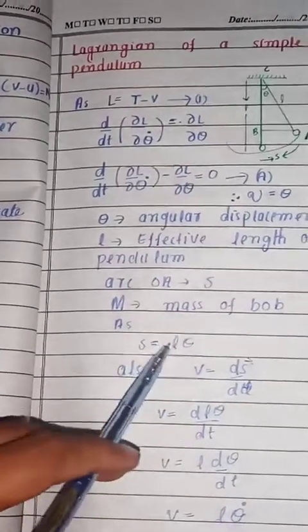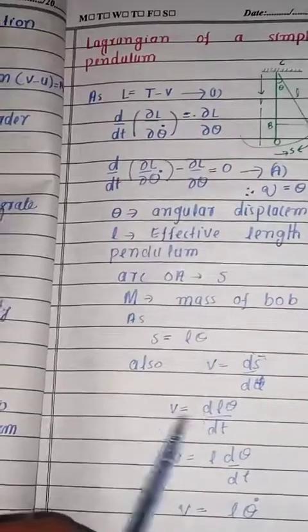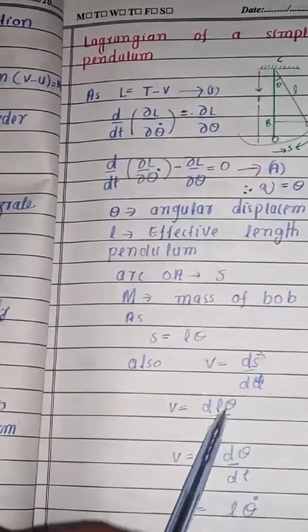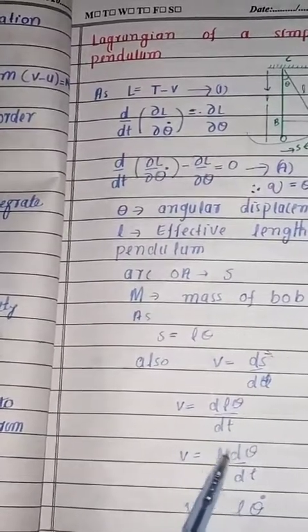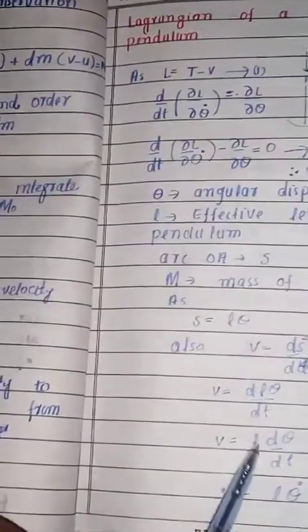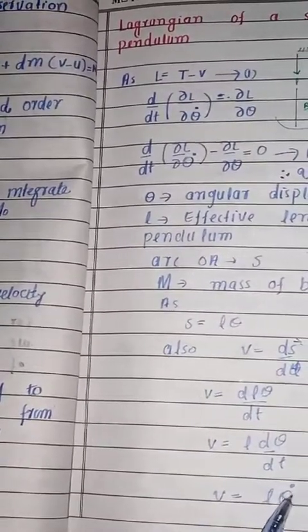Replacing S by L theta, V is equal to d(L theta) divided by dt. L is a constant, and we take the derivative of theta. So V is equal to L d theta divided by dt, so V is equal to L theta dot.